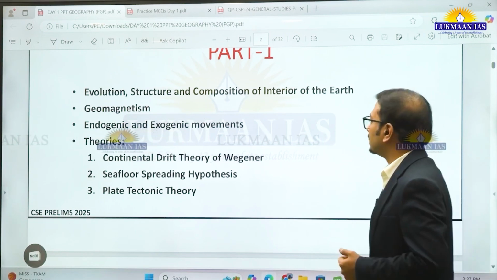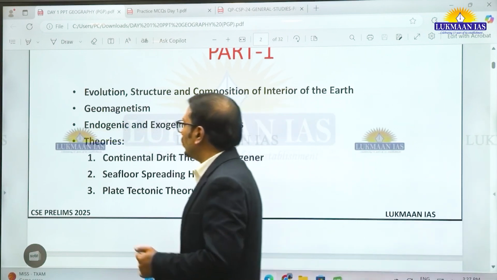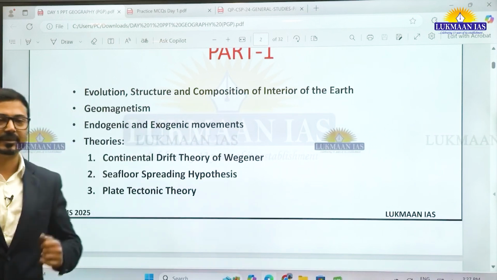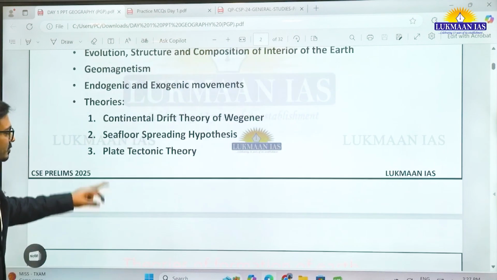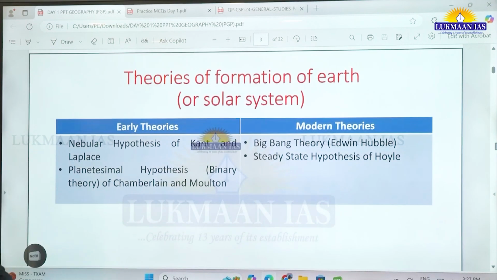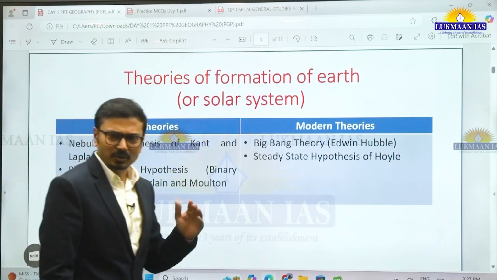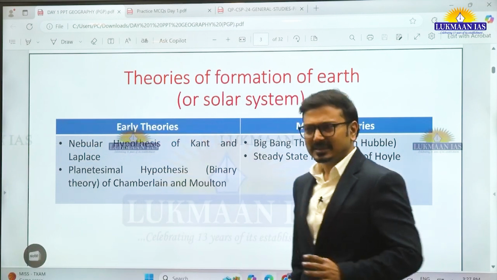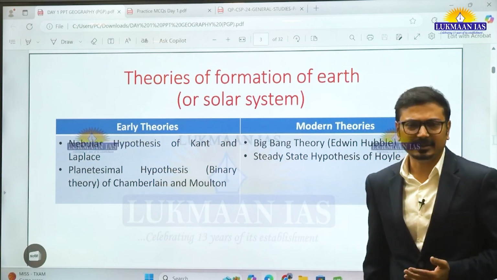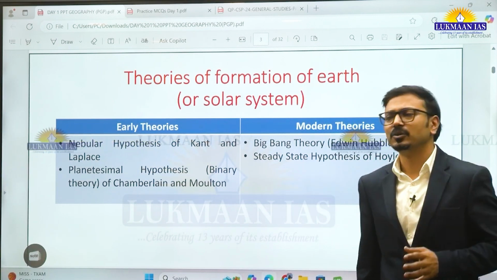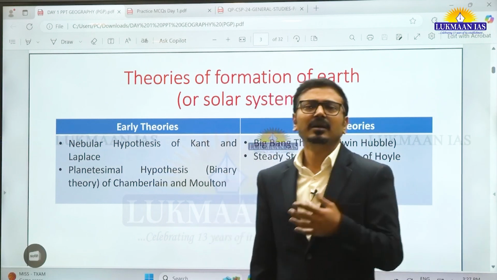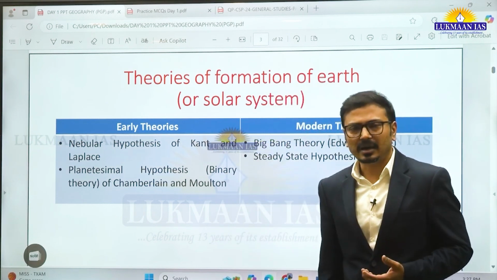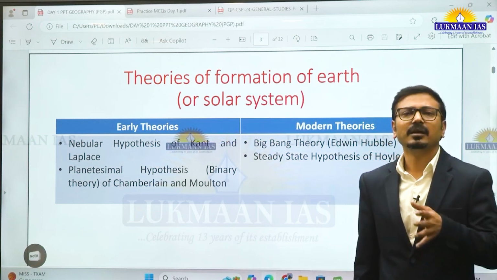So we will learn a few concepts, then endogenic and exogenic movements and tectonic theories, the three prominent tectonic theories that we have. First of all, the theories of formation of the earth, you already know about this. There are some classical theories and some modern theories. Classical theories largely include the planetesimal hypothesis, first given by Immanuel Kant and thereafter improved by Laplace.